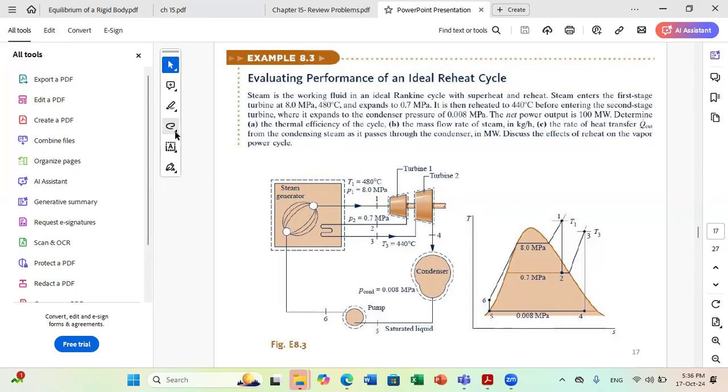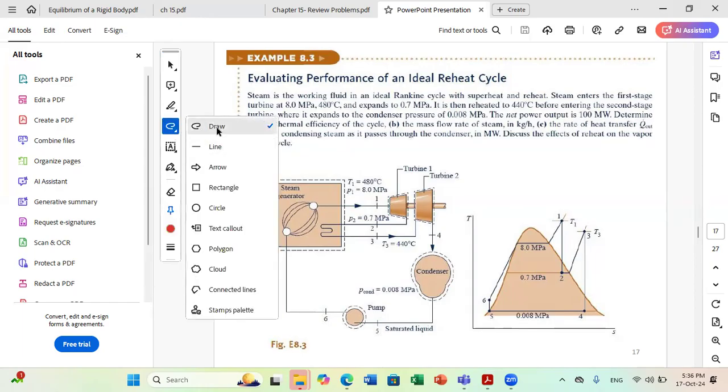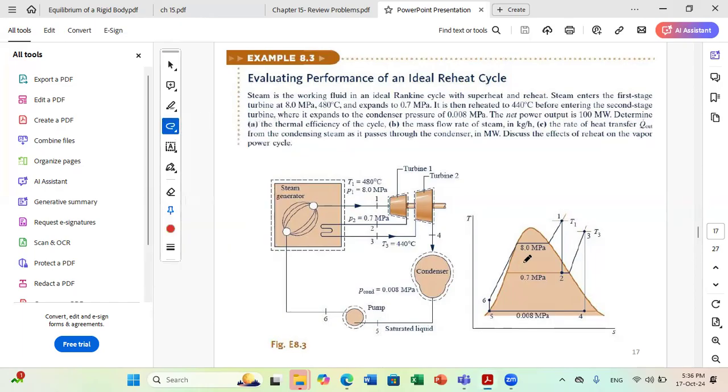If you want to reach the same quality using a one-stage turbine, we need to reach a very large temperature at the exit of the boiler. Of course, this will be very critical concerning the material. So here you can see that we need to increase the temperature to a high extent to reach the same quality at the exit of the turbine.